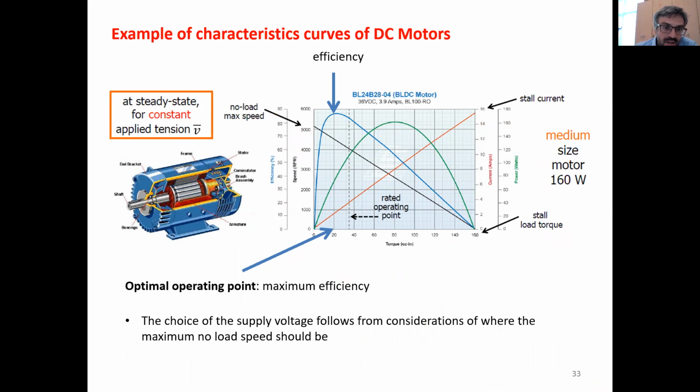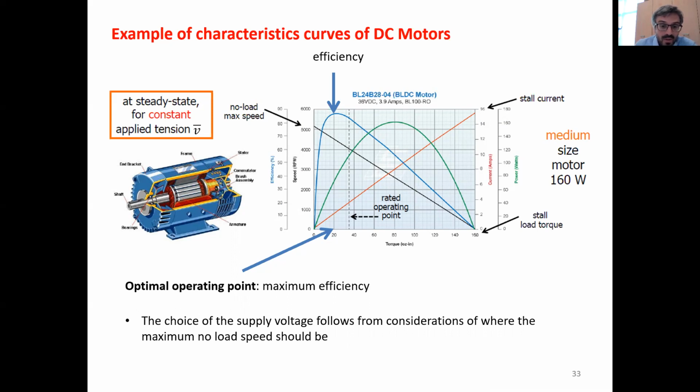And in general, we can choose the supply voltage we want to drive the motor, for example, 24 volts, 48 volts. And the choice of the supply voltage usually follows from considerations on the no load speed. You divide the supply voltage by K and you get the no load speed.